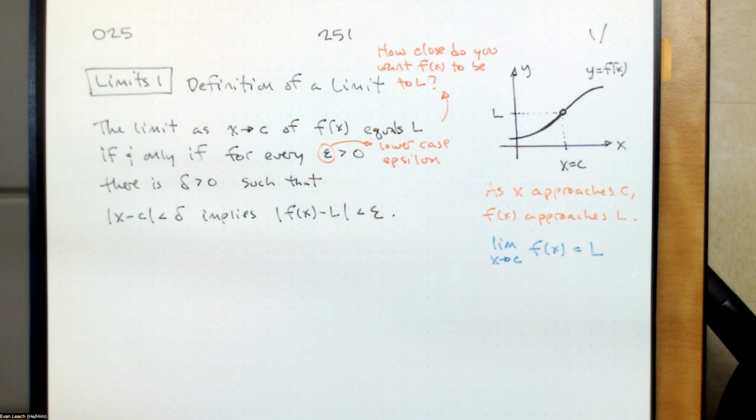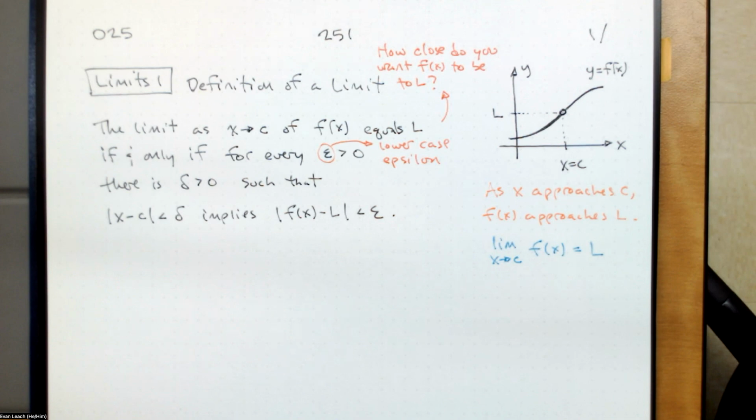Delta is how close we need to make x to c, how close x needs to be to c to make f of x within epsilon of L. So the lowercase delta is how close we make x to c to make f of x within epsilon of L. So delta is the thing that we go find.